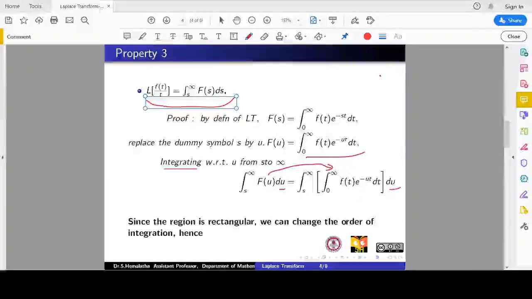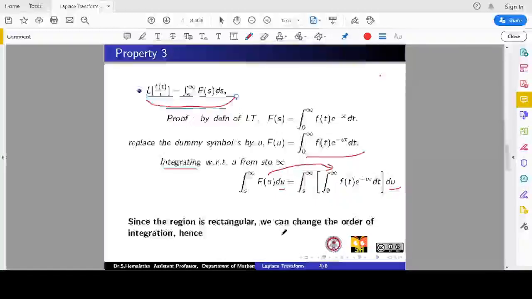Now we cannot go ahead proving this as it is. We need to do some work on the change of order of integration. If you observe the limits, the region is rectangular. So what we can do is change the order. What do you mean by change the order? I think all of us know, the u and t variables are shifted, and accordingly the limits are to be written. But in a rectangular region there is no hard stuff to do. We can easily do it.